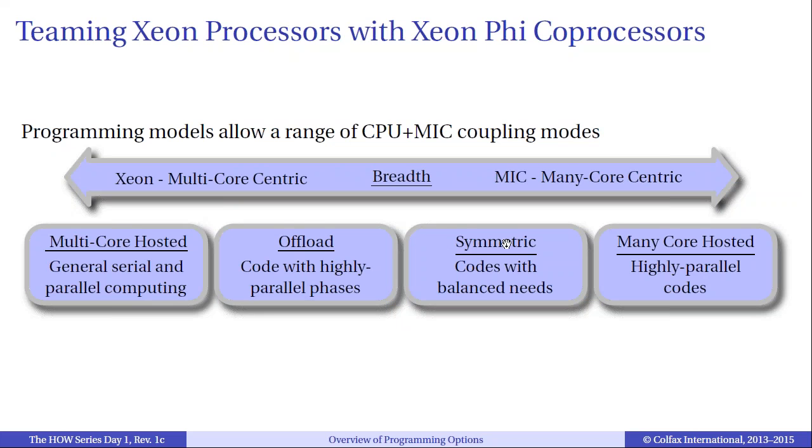This is the symmetric mode. And finally, you saw a server that has 8 Xeon Phi coprocessors and 1 CPU. So in this case, symmetric will actually be a drag because you will have to load balance between Xeon and Xeon Phi. If you have really high compute density in Xeon Phi, you can run many-core hosted applications, meaning that you only use Xeon Phi and you forget that you have the CPU.